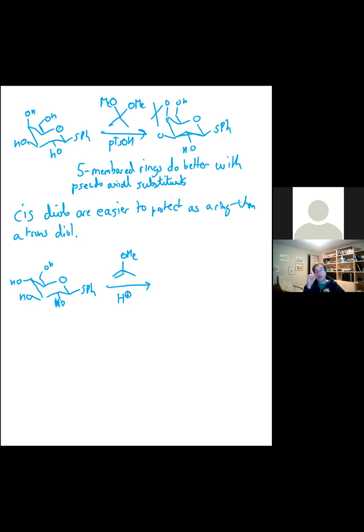And this gives us a kinetic product. And that's because we're really shutting down one of the equilibria. We're reducing the amount of methanol present, because we're not going to get 2 equivalents of methanol every time. We're only going to get 1. And that's going to really, really change the dynamics of how these things work. So we're going to have basically a kinetic process here.